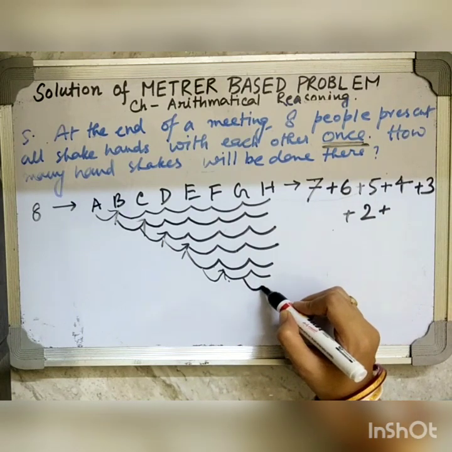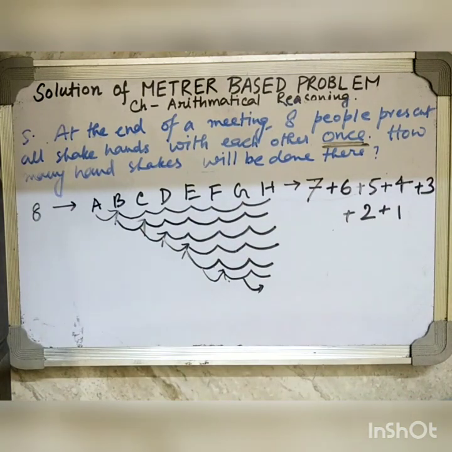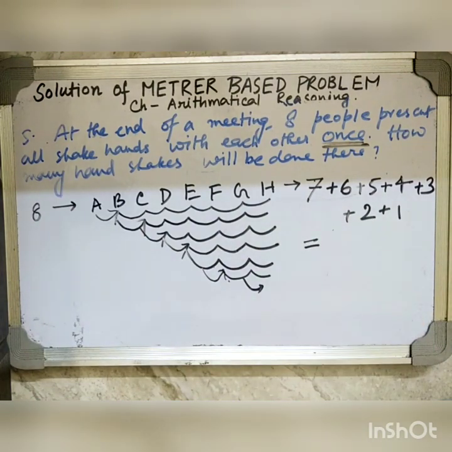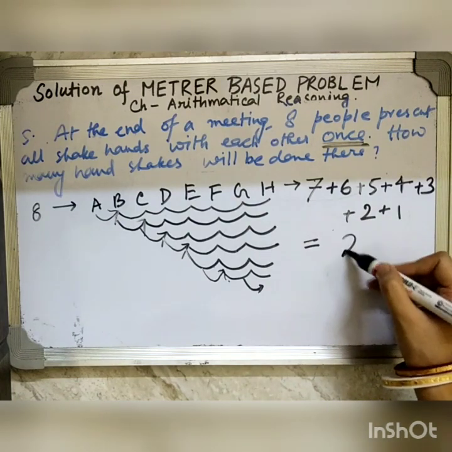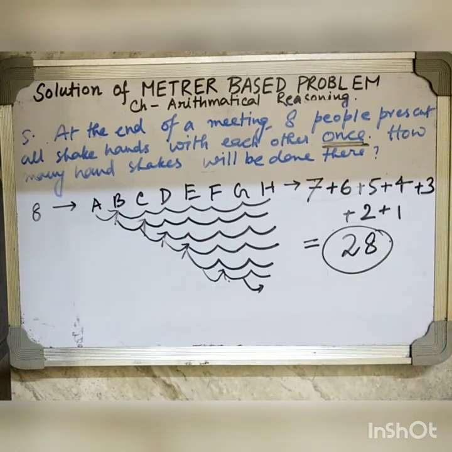G will shake his hand with H only. Okay. Because all of these are already done. So how many handshakes are getting placed? 28. So on that day, 28 total handshakes were done in that meeting.